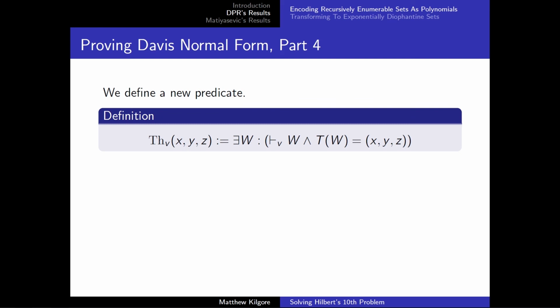We say TH V of XYZ, or theorem of V, if and only if there exists a word W such that V proves W and triple of W equals XYZ. Fairly straightforward. It's just a way of converting these theorems into triples of numbers.